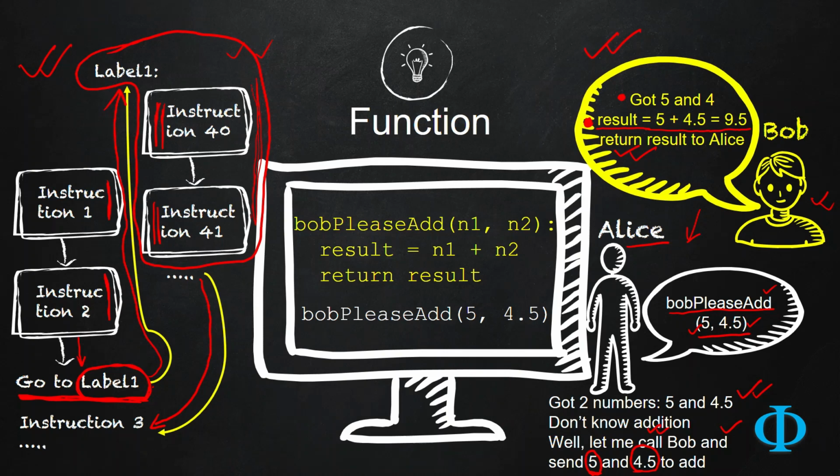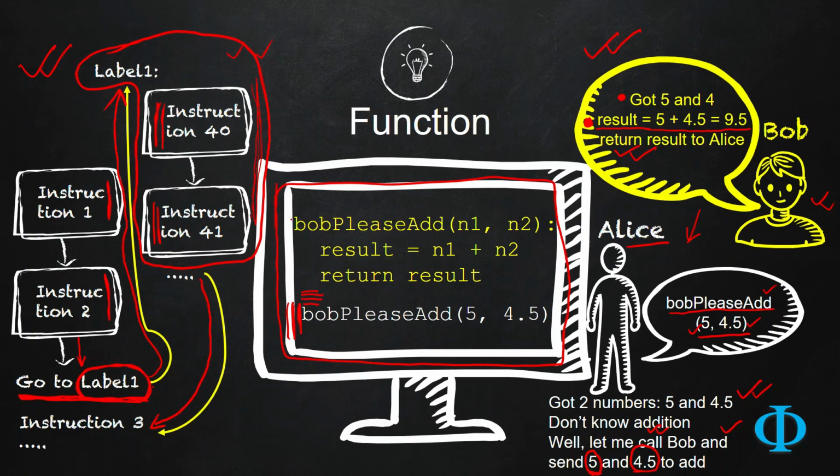Now the scenario that I have just discussed, here in the middle you can see the exact algorithmic representation of that scenario. Here this is your normal program written in this white color, and you can have as many lines of code before, and then suddenly you need to add two different numbers.